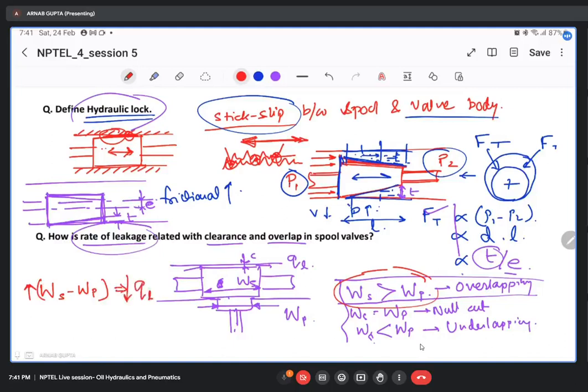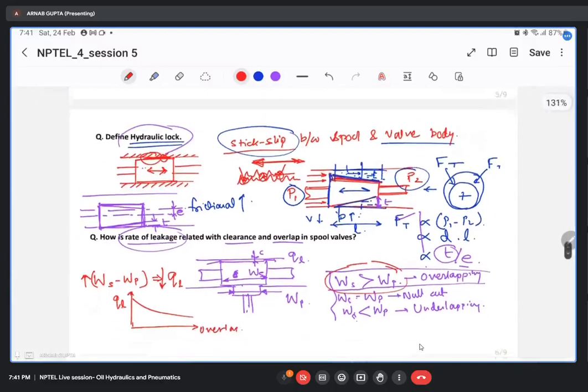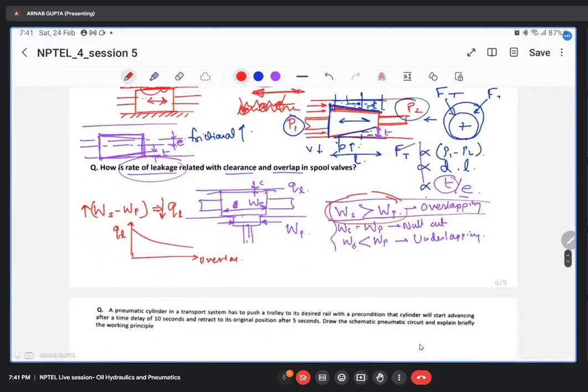And secondly, if I try to plot it, there were some experimental plots. From the experiments, it was found that as we are increasing the overlap, the QL is reducing. This is how QL depends on the overlap percentage or the overlap metric.